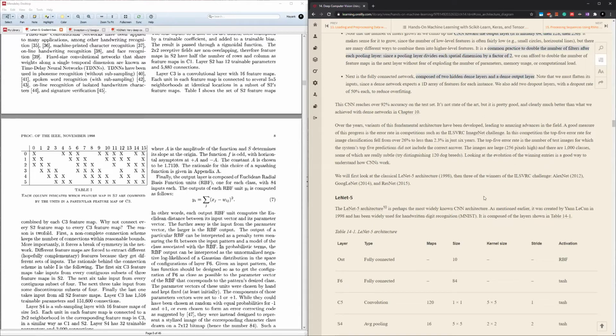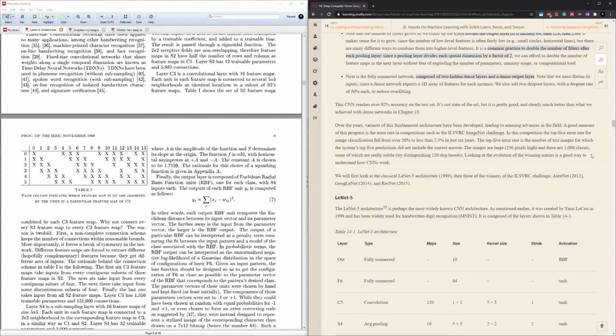And then we go on to the images that are used in these challenges. The ILSVRC ImageNet challenge brought the breakthrough, the revolution, in the deep CNN field.